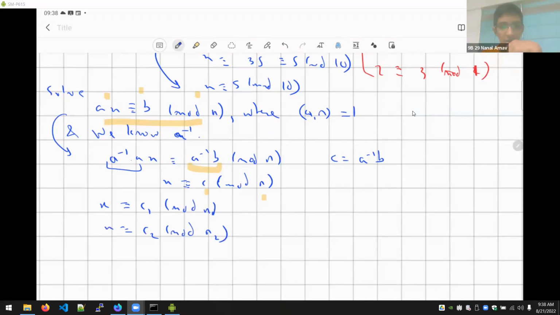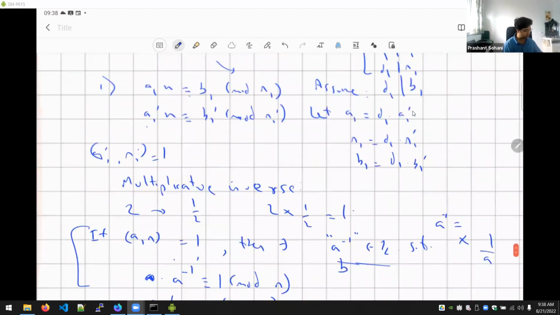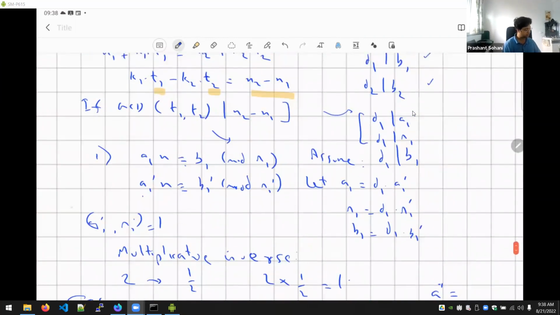Sir, but then we are assuming that GCD of a1 and n1 is 1? Yes, we could assume that because you remember that dash notation. This was what we accomplished when we cancel out the GCD from the original equation and convert everything into the dashes. Then you are guaranteed that the GCD of a1 dash and n1 dash is 1, right? Yes, sir.